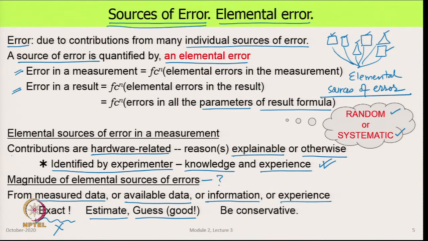And finally, if you have to report an error, I have written here that we be conservative, which means that if we think that the error was 4.1% plus minus, and you have to decide whether I should report 4%, 4.5% or 5%, and you have two options, and somebody says I will report 4% and somebody else says I will report 5%.